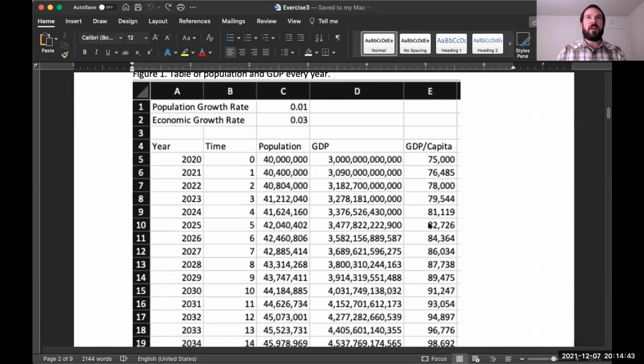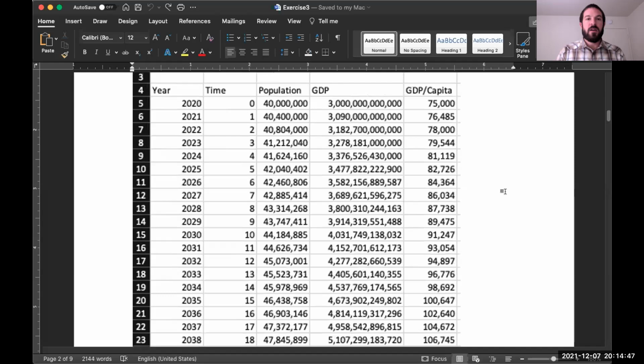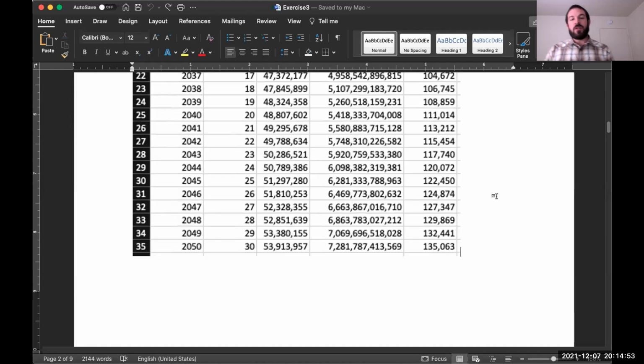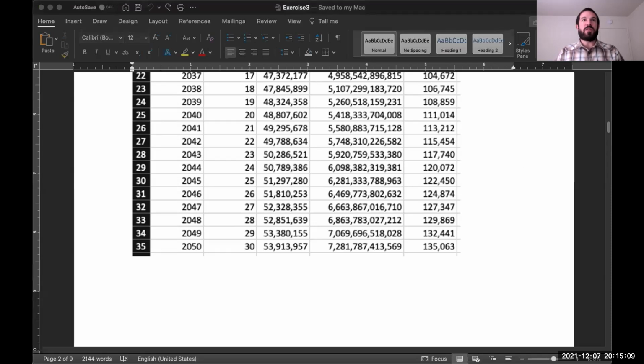And the same thing happens for population as happens for GDP. We move down the sheet, and eventually we end up at our final population and final GDP per capita, because eventually we're going to care about the Kaya identity, which you learn about at the very beginning of this exercise as you read through it, where essentially we take IPAT and go one step further with it.